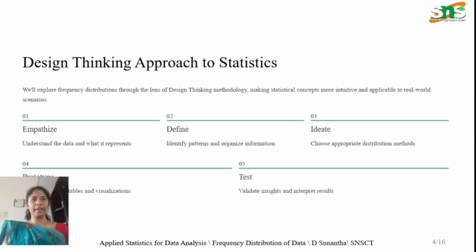Next, identifying the problem hidden inside the data is the define part. Next, the ideate part will be choosing the appropriate distribution, like we'll be having a few types of distributions. So to identify which is the appropriate one or which suits the data well is the ideate part.